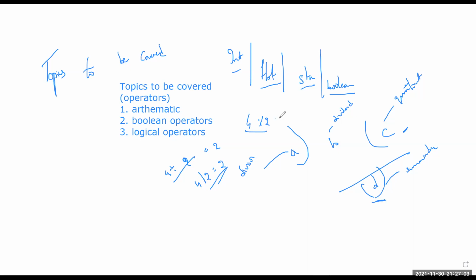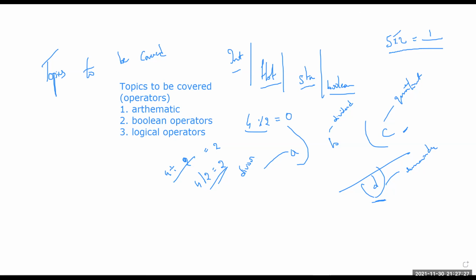What is it going to return? Remainder. That is going to be 0. If I say 5 percent 2, or modulus of 2, what is it going to return? 1. So this is known as modulus and it is also defined inbuilt.